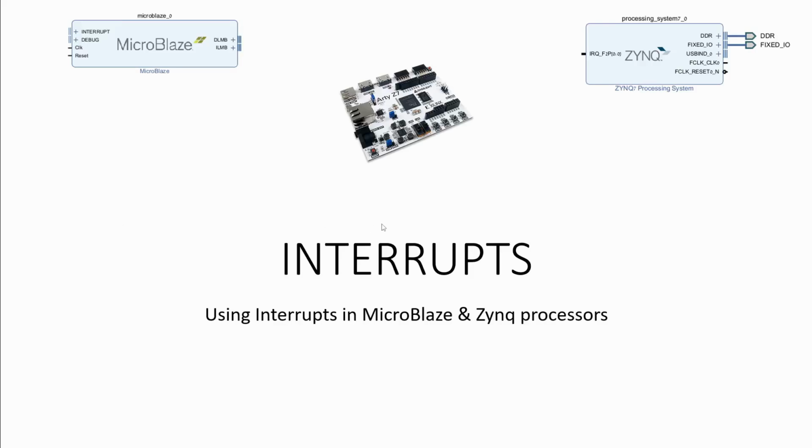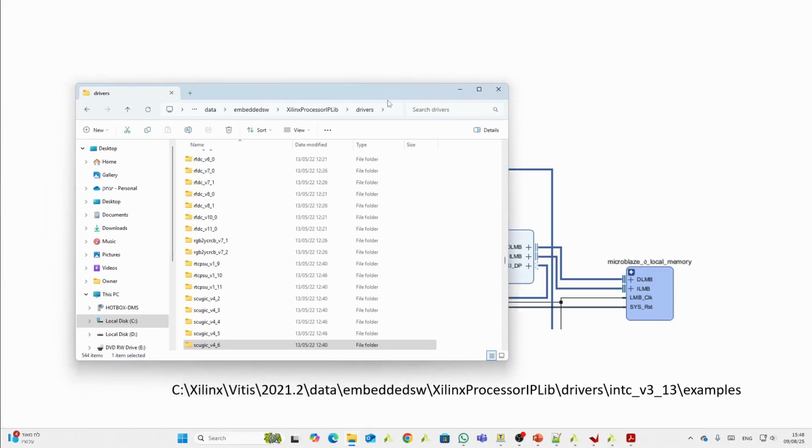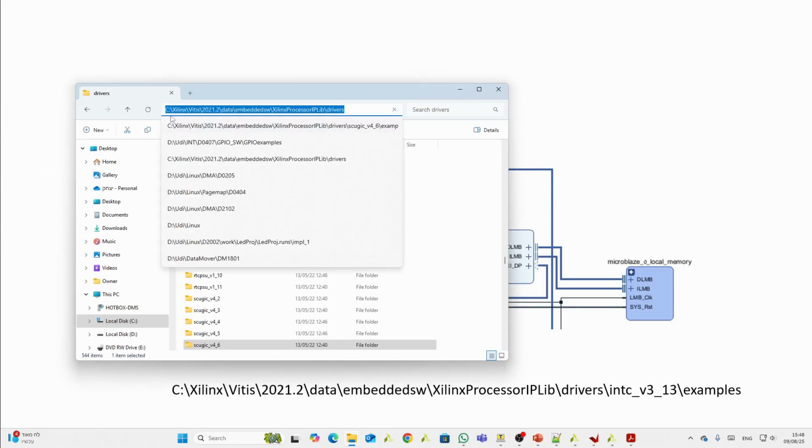Now that we have our design, we start writing the software for the MicroBlaze. The MicroBlaze and Zynq, like always, have examples for us. The examples are in the Zynq installation folder: Vitis, version, data, embedded software, Zynq processor, LT, labs and drivers.